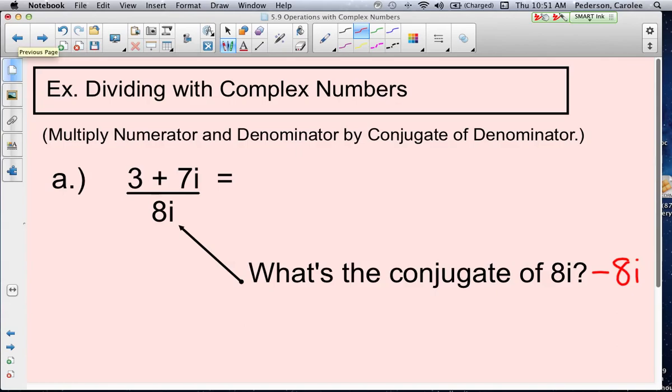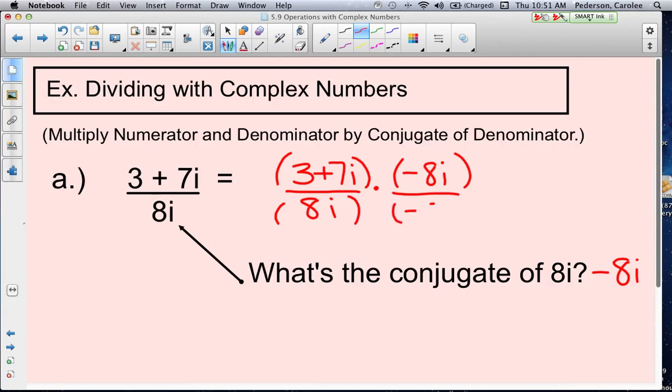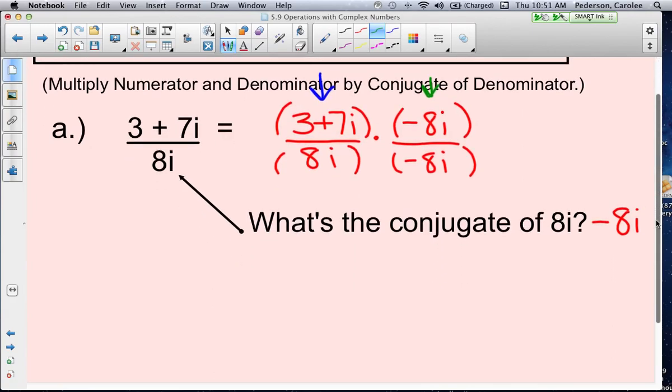If you have a single complex number in the denominator, then what you do is you multiply the numerator and the denominator, so there's your original problem, by its conjugate. So here's your original fraction, and now here is multiplying the numerator and denominator by its conjugate. So now we have some reducing to do. So I'll give you a minute or so to finish writing up that step.